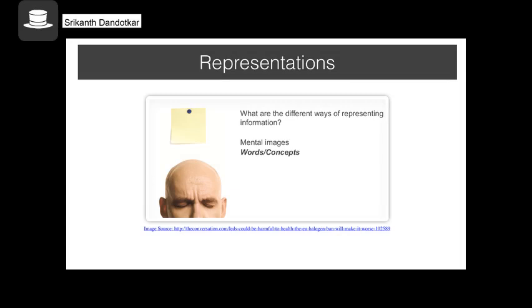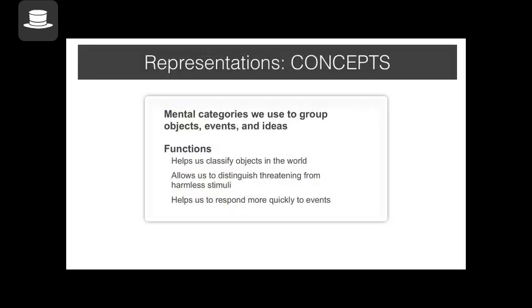Now, coming to the second way we can represent objects or events in the real world, the non-pictorial format, the words or concepts. So, what is a concept? A concept is a mental category of a class of objects that we have formed.